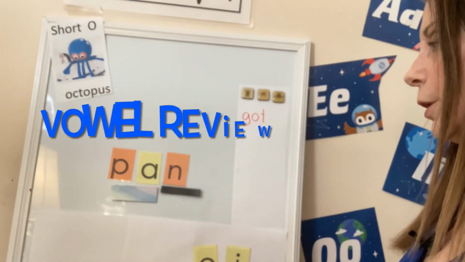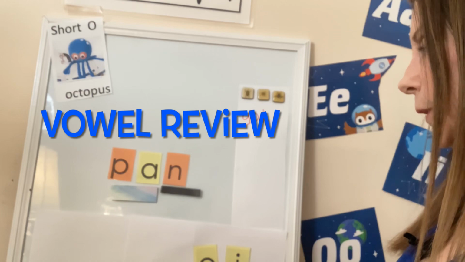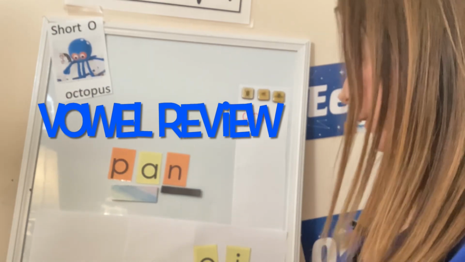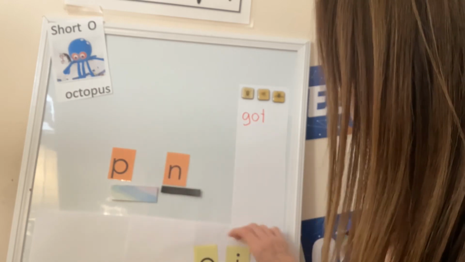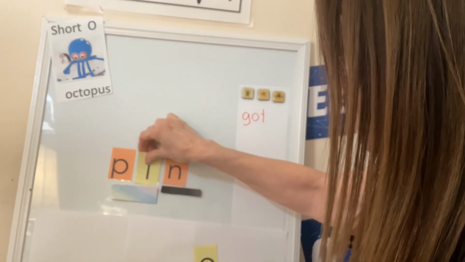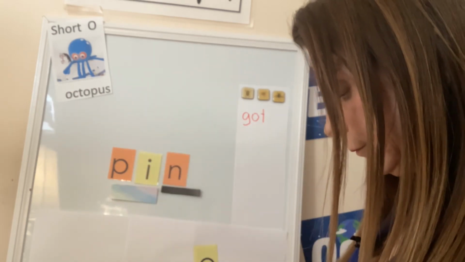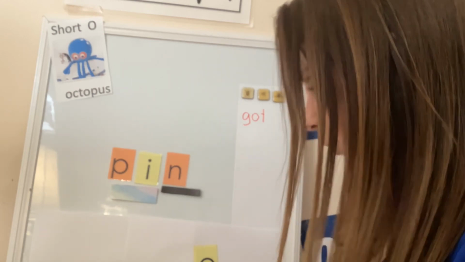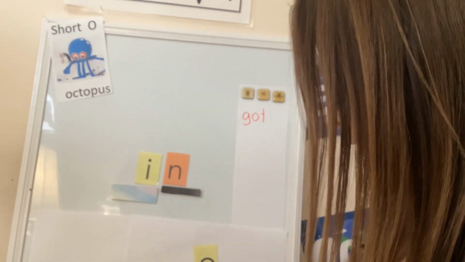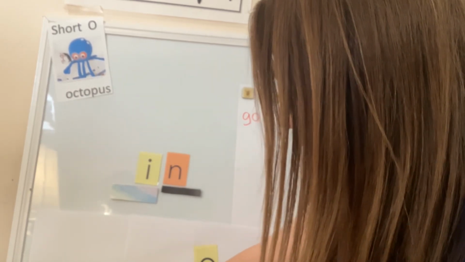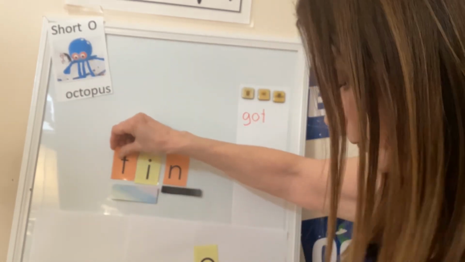All right, let's start working with vowels. Okay, so here we're starting with the word pan. All right, and you could ask them, can you change pan to pin? And then can you change pin to tin? So we're going to work with the vowels and the consonants. Okay.